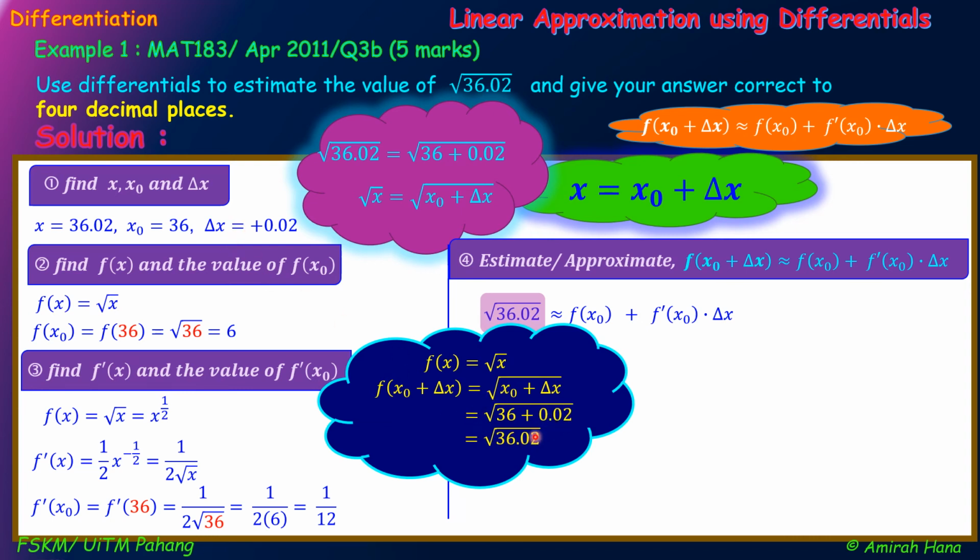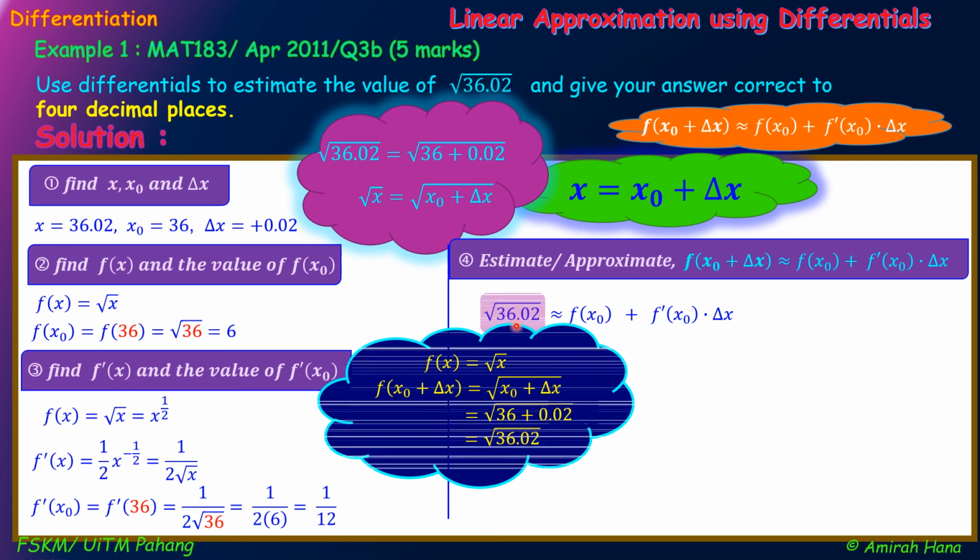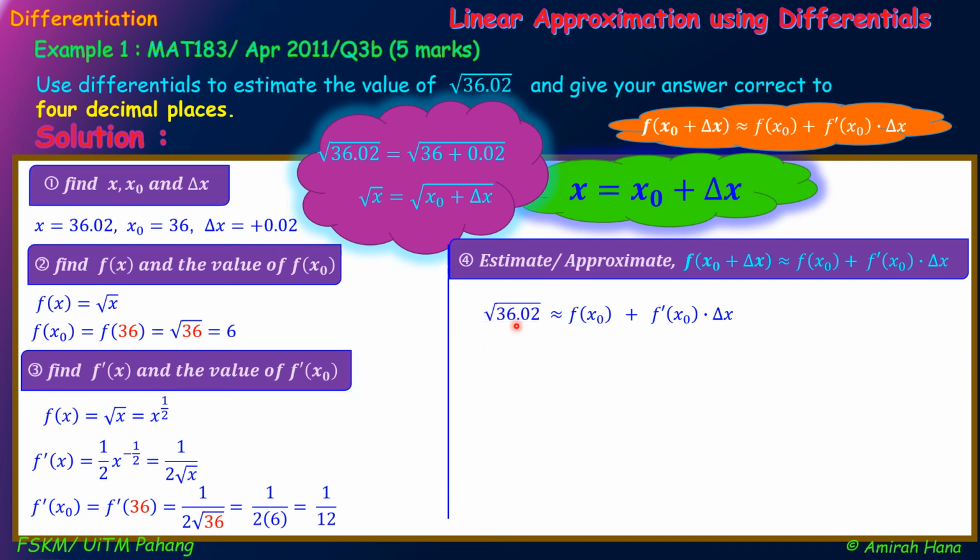When we simplify, we have the square root of 36.02. So we get back the given question, which is the square root of 36.02. That's why we can write the left hand side equals the given question, and then we just use the formula on the right hand side.